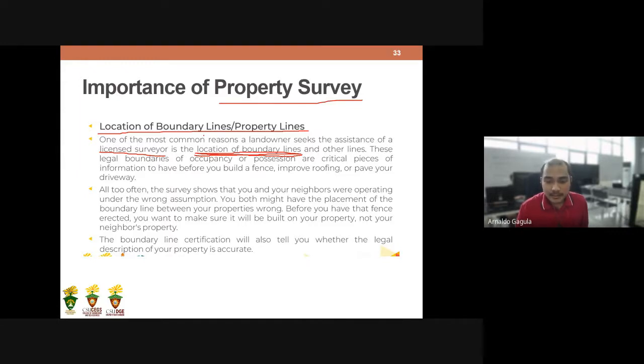So these legal boundaries of occupancy or possession are critical pieces of information to have before you build a fence, improve roofing, or pave your driveway. Of course, if you do not know where your boundary is, and then you have a structure built and it goes beyond your boundary, then that's a big problem.